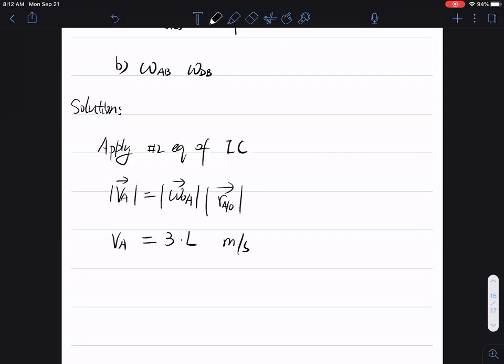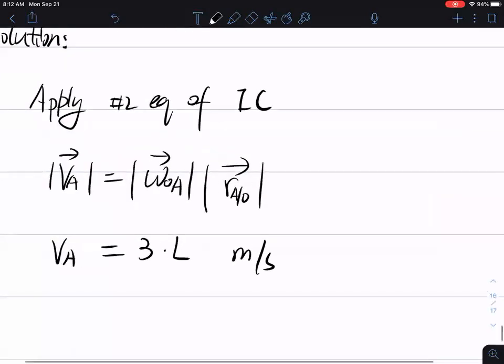Be careful here. When I apply this equation, you need to make sure that omega OA is the angular speed of the rigid body that has that point. That makes sense? You cannot use other omegas.